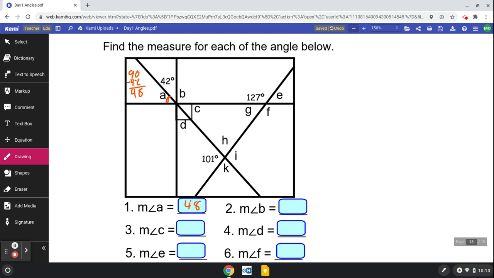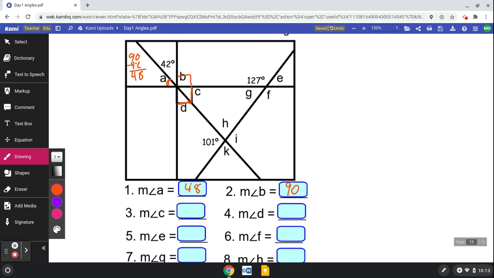Okay, angle B, I can easily tell you because this one is 90 degrees. This one has to be 90 degrees. So angle B is 90. What about angle C? Well, angle C is a little bit harder.